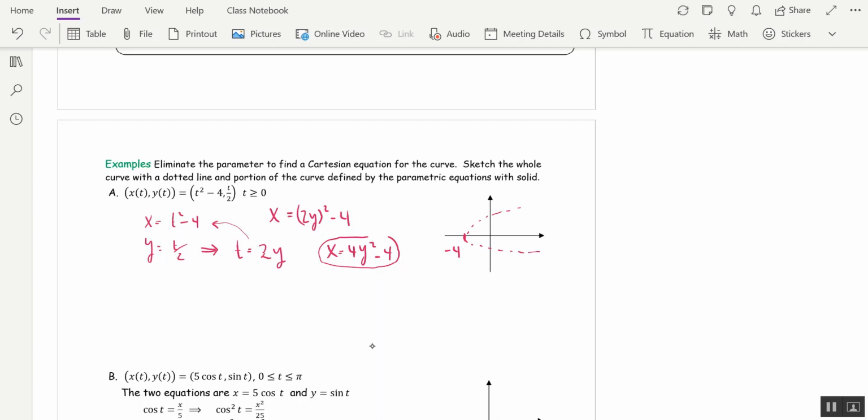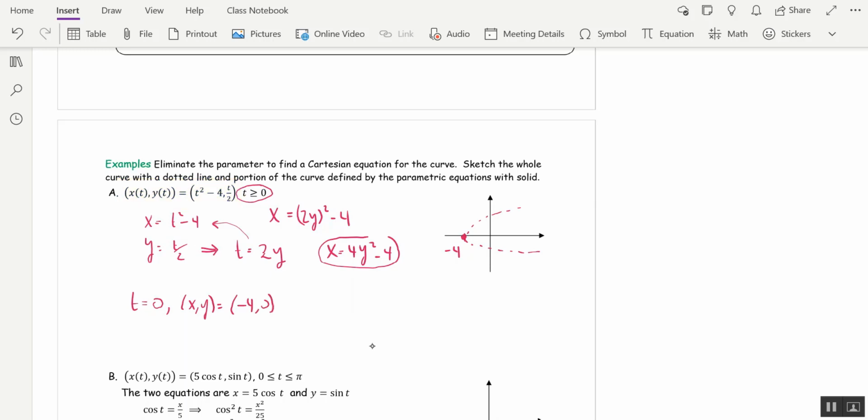So we've done the dotted line part, but the parametric equations are only for t greater than or equal to 0, so we're not going to get that whole parabola. In fact, let's just see where we're starting. If t is 0, then x comma y is, go to your parametric equations here and put t equals 0 in, and we see we're at negative 4 comma 0.